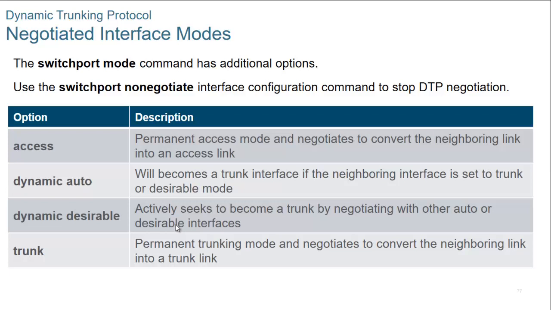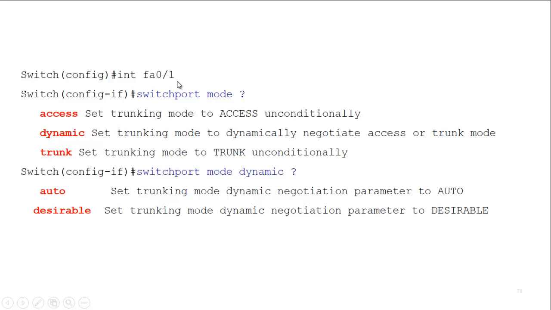Now, when you talk about dynamic, dynamic is negotiable. You can imagine dynamic here to be trying to please the neighbor. So both dynamic auto and dynamic desirable can be negotiated to follow what the neighbors are. Let's say for interface FastEthernet 0/1 here, we do a switchport mode and then a question mark.